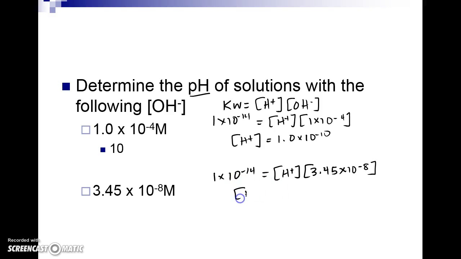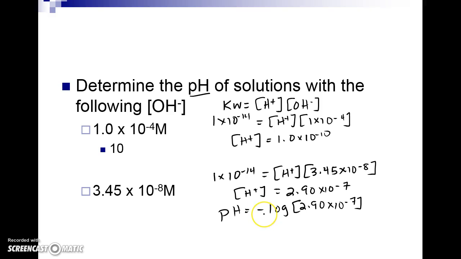I'm going to get a hydrogen ion concentration equal to 2.90 times 10 to the minus 7. I'm going to do pH is equal to the negative log of 2.90 times 10 to the minus 7. I'm going to go ahead and type that into my calculator, and my pH ends up being 6.538.